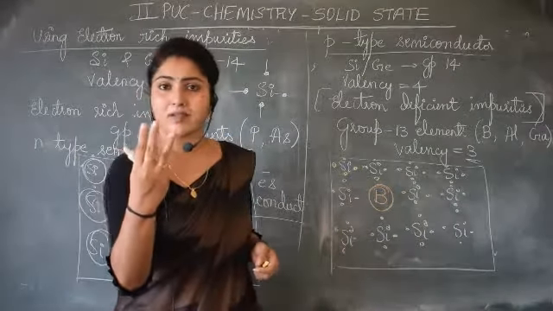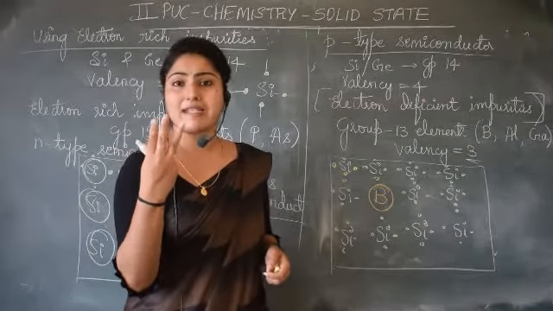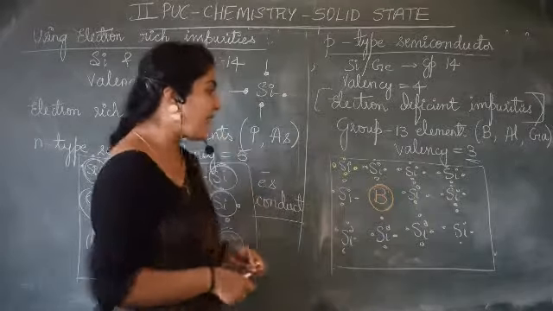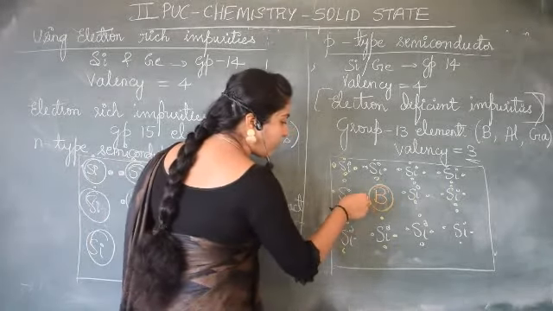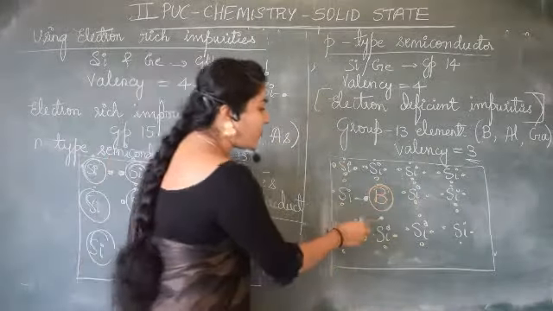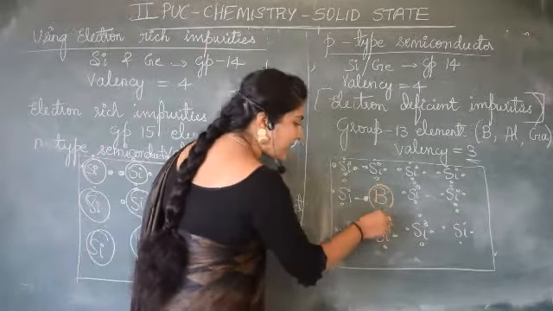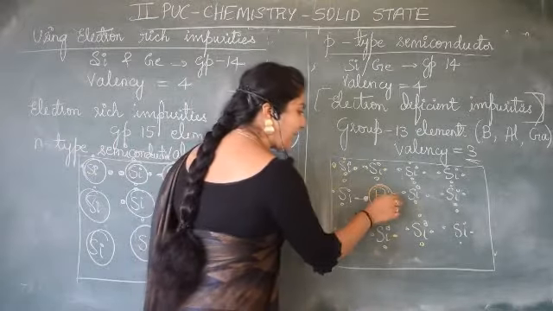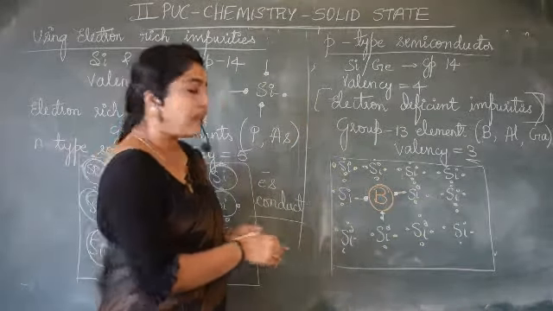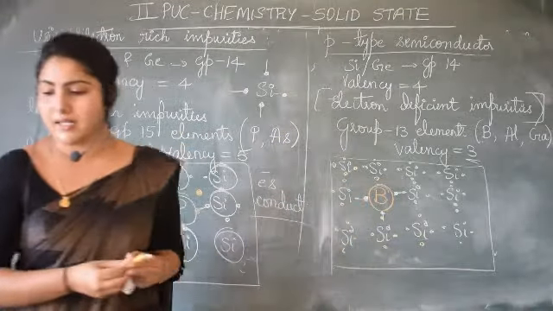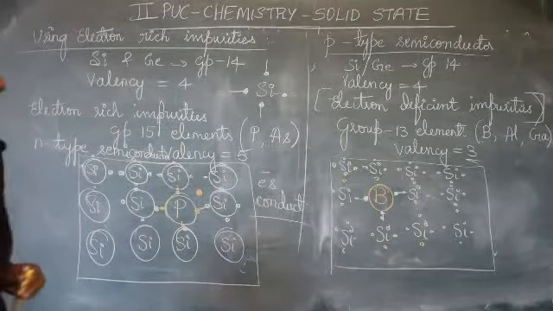Boron valency is 3, which means it has 3 valence electrons. One electron will bond with one silicon, one more with another silicon, and the third electron with another silicon. Whereas a hole, a vacancy, is created here.